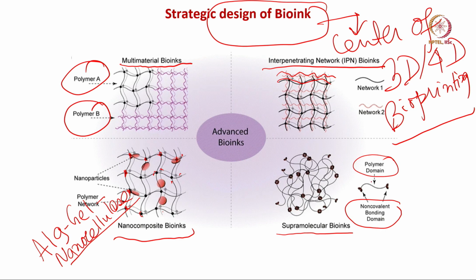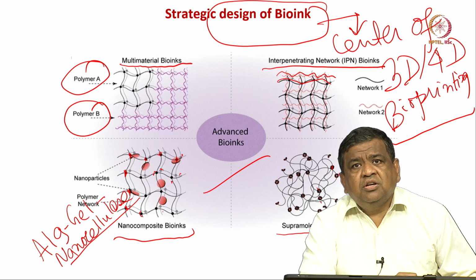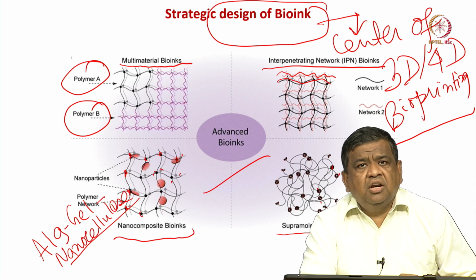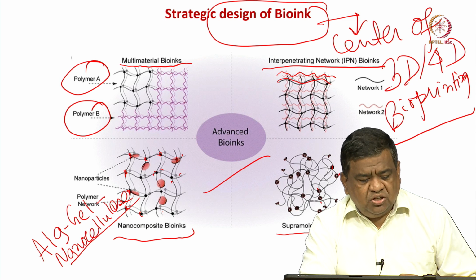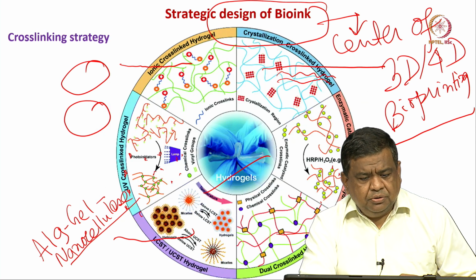In this polymer domain, this is a backbone chain, and this is the non-covalent bonding domain. These are attached, so they form supramolecular bioinks. So these are various approaches by which bioinks can be designed. They can be formulated using different hydrogel constituents or different polymers, and subsequently 3D bioprinting experiments can be pursued.